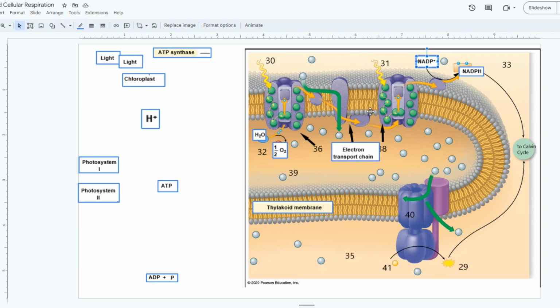Now these two here, photosystem 1 and photosystem 2, those are the photosystems that capture the light and convert the light into something fleeting, that we turn into some chemical something we can then use.